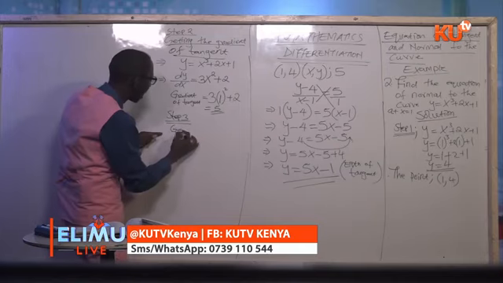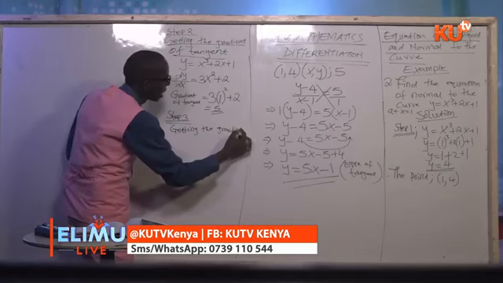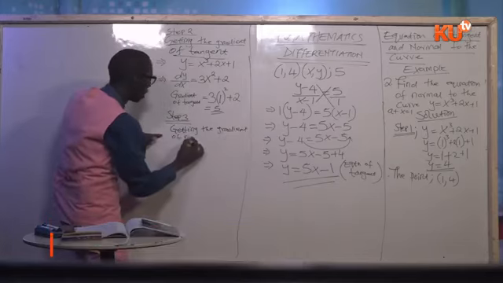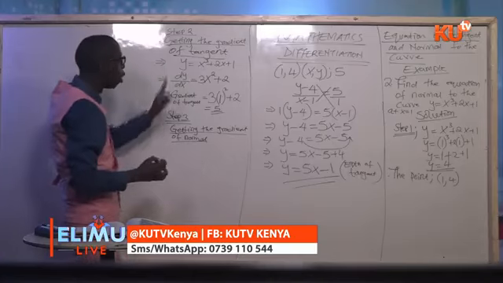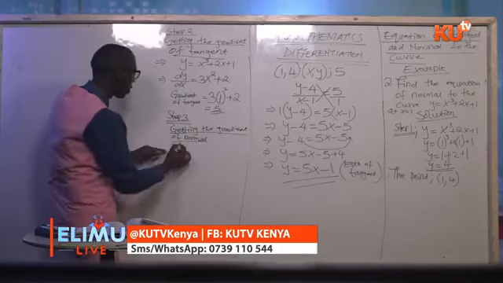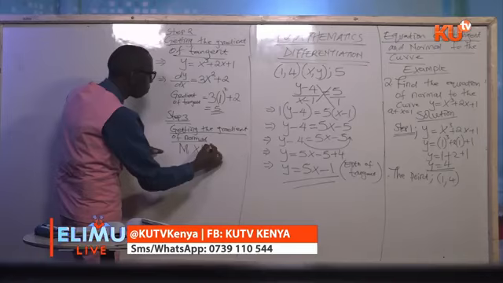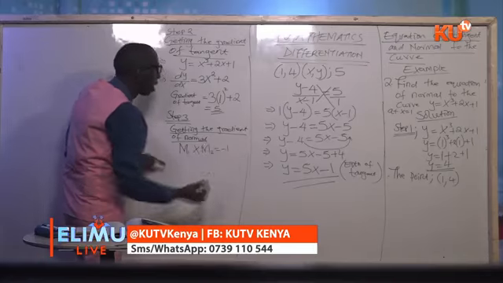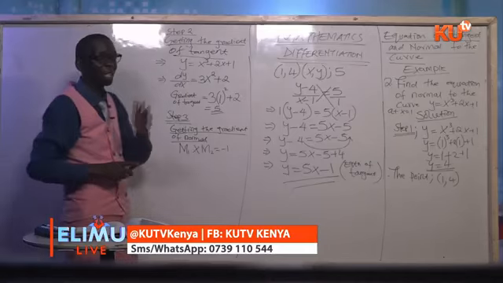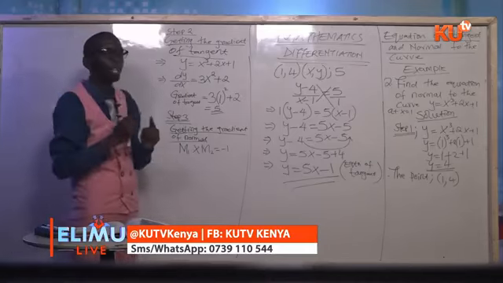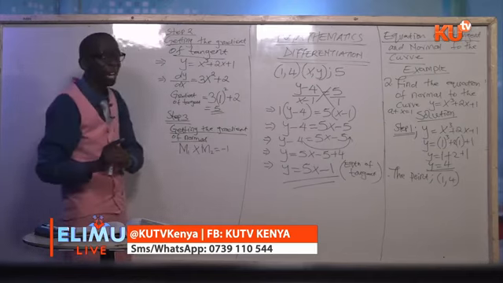So getting the gradient of the normal, we treat the normal as perpendicular, therefore we'll say the gradient of line 1, m1, times m2 is equal to -1. In Form 2, equation of a straight line and gradient, we said that if lines are perpendicular, then the product of their gradients is equal to -1.